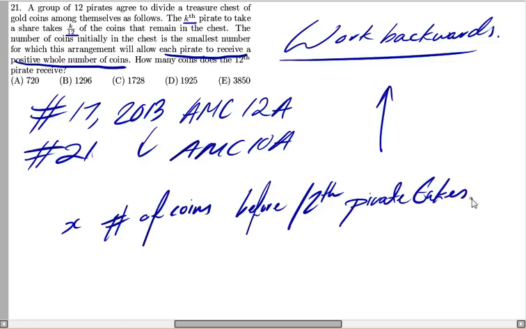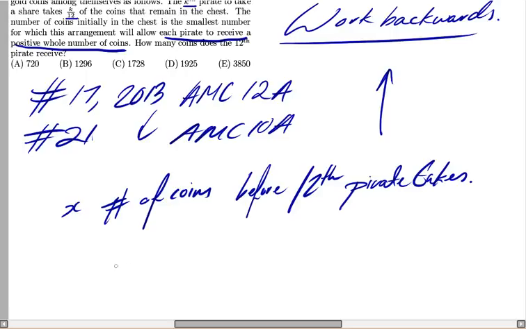Now, let's see how many coins there needs to be for the 11th pirate to take. The 11th pirate takes 11/12, so he leaves 1/12. So x is equal to 1/12 of whatever the 11th pirate would take from.